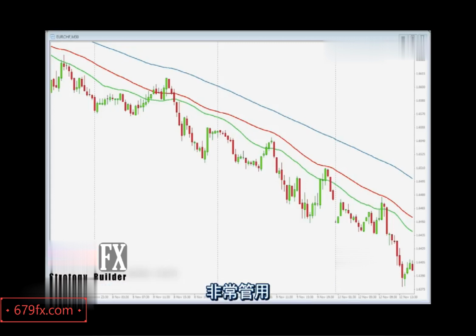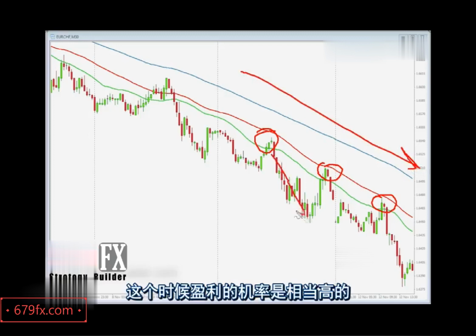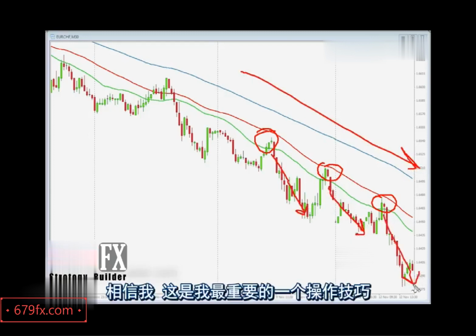It does work once mastered, once you've become comfortable enough with the idea, and of course you've taken many demo trades, and you begin to understand those reversal formations of the dynamic area of resistance in a clearly downtrending scenario, they become high probability trades. Trust me, it's one of my main trading techniques.